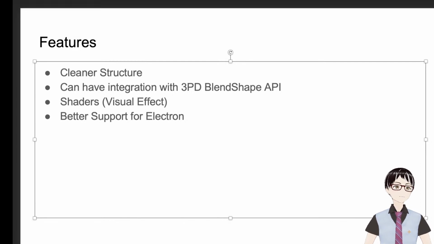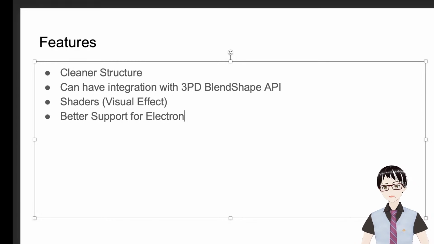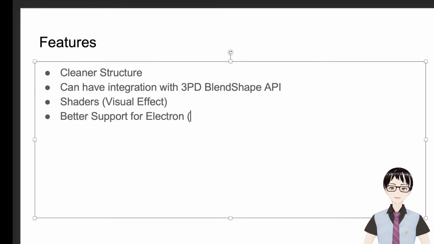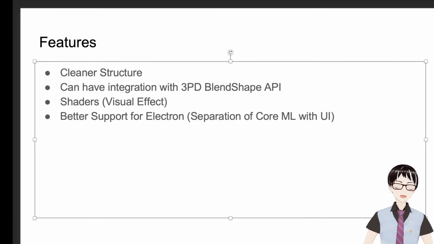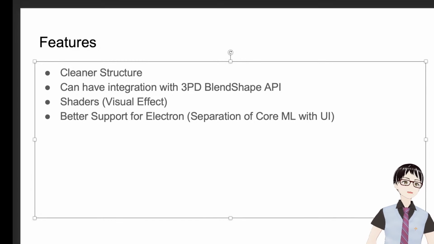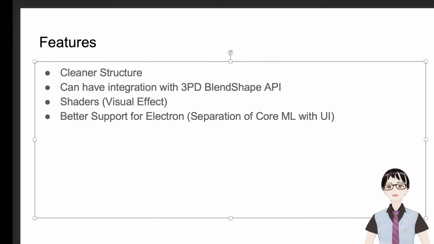Great. Yep. Okay, so better support for Electron. What I mean basically is separation of core ML with UI, right? So for Electron, I think we'll need its own UI.